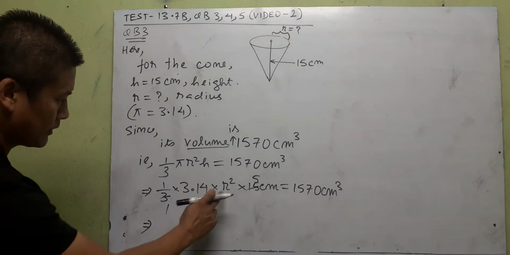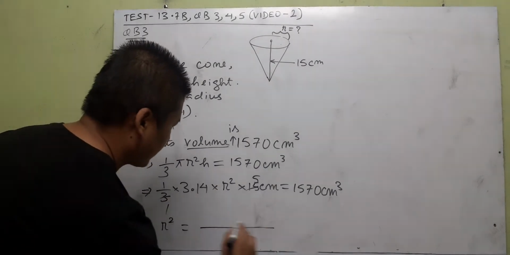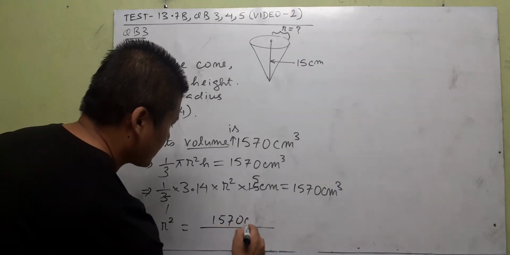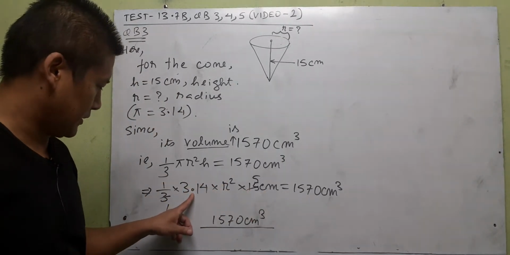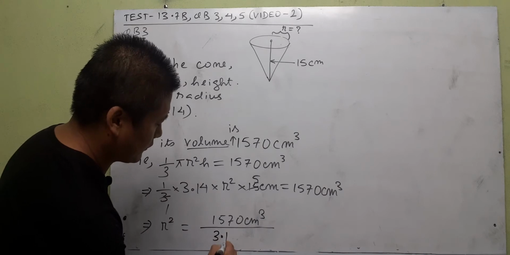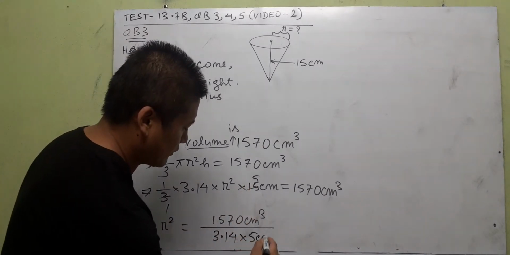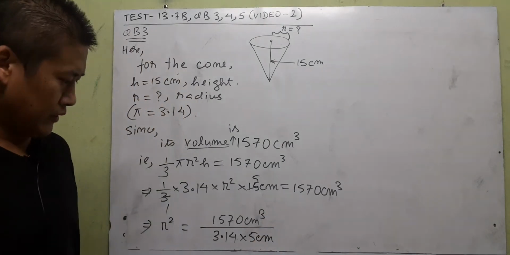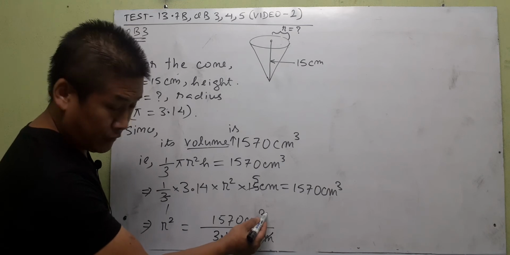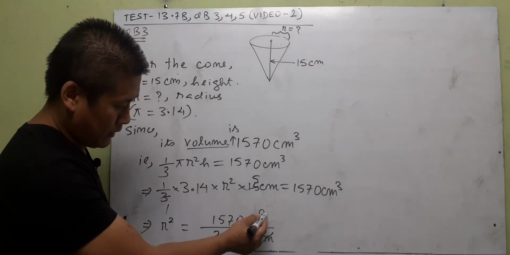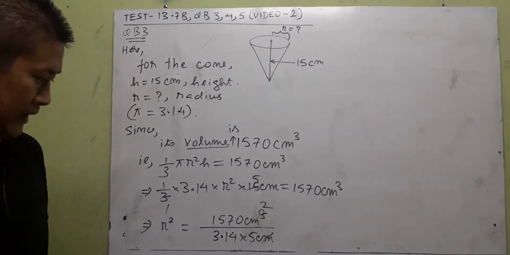So we can just shift the rest now. That implies this r square here will be equal to 1570 centimeter cube in its own place, and then we shift this, then 3.14 will go down to the denominator, and this 5 centimeter also will go down to the denominator. So we can cancel this centimeter to the power 1. Here we're cancelling the power, not the number. 3 minus 1 power here is 2, so square only is left.